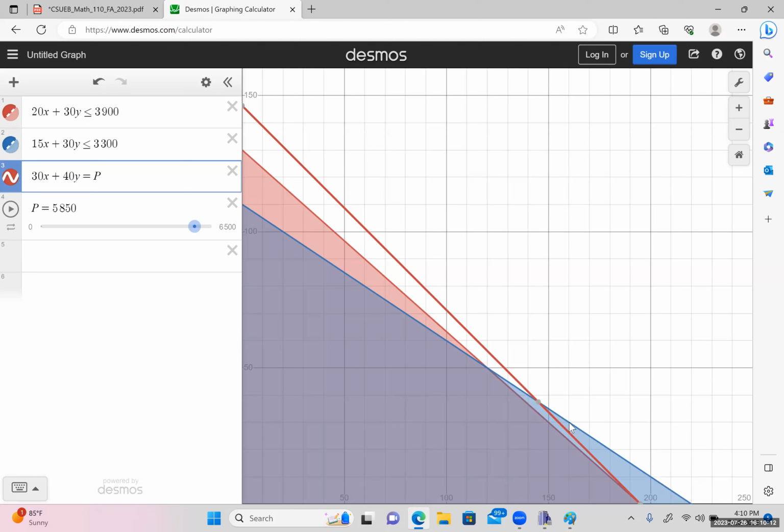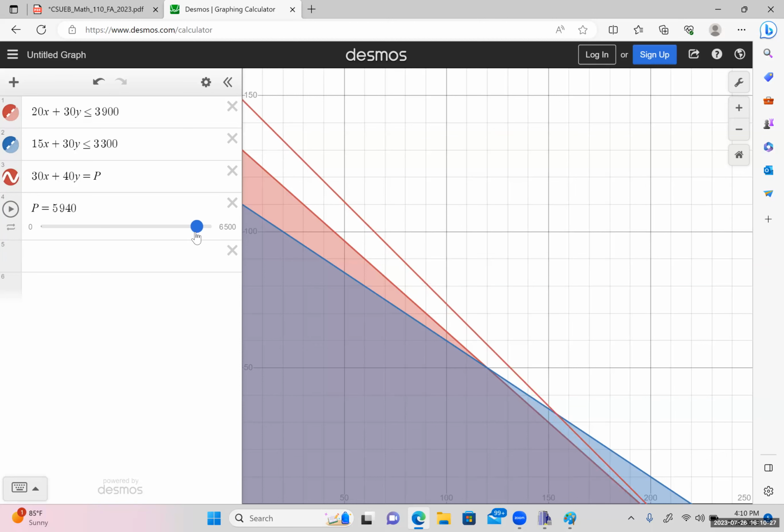And there is no way you can have higher than that, since after that you right away get to the outside of the feasible region. See that? If you move down a little bit, it's going to be less.